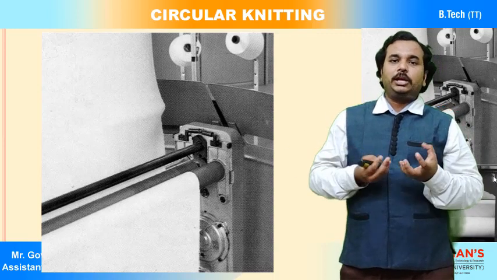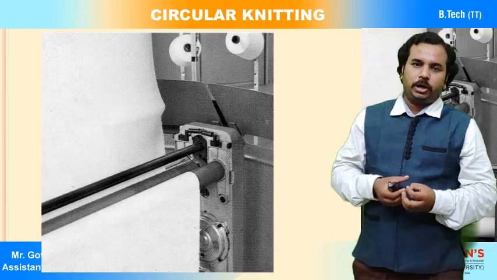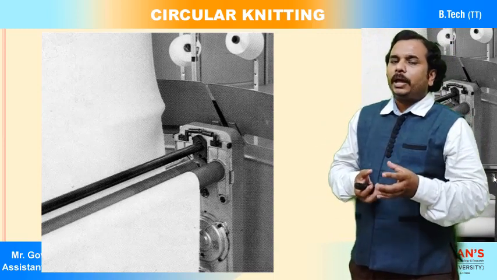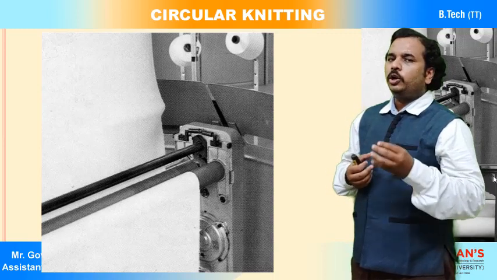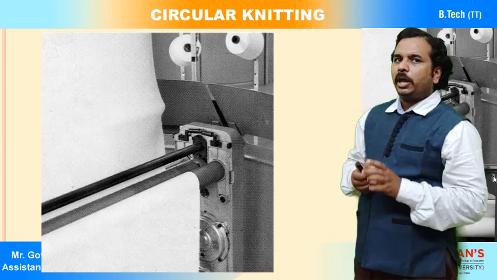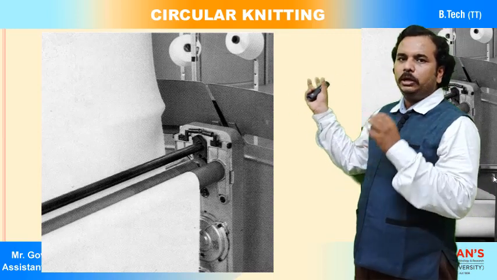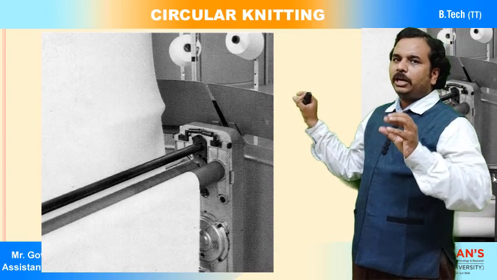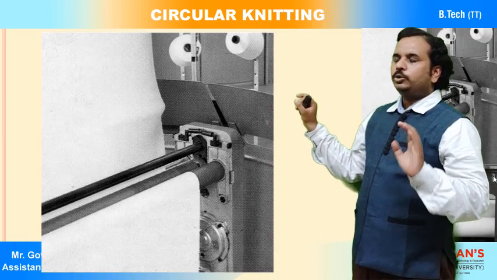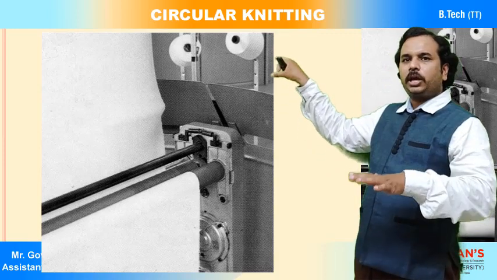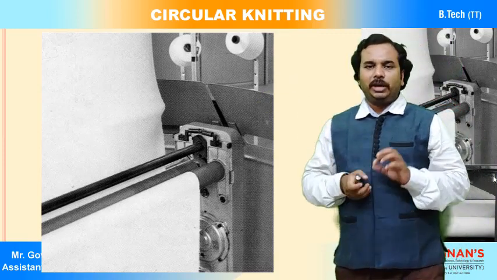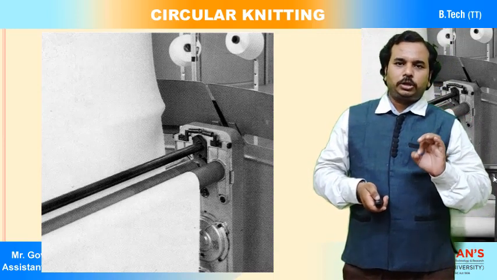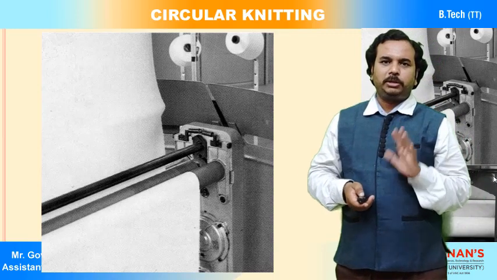If it is smooth, there is no grip between the fabric and the roller, so proper tension cannot be applied to the fabric and withdrawal may vary. That is why we use fluted rollers, so the grip between the fabric and the roller is greater. Between these three rollers we can take the fabric easily and with proper tension. That is the major thing.